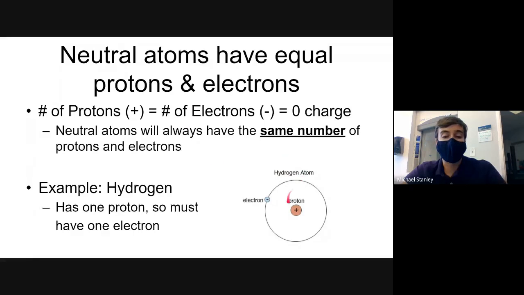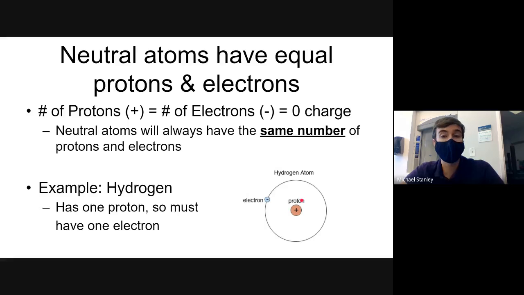Like hydrogen right here. Hydrogen is the simplest atom in the universe. It consists of one proton in the nucleus. And because hydrogen has one proton, it has to have one electron circling around. One and one, same number of protons and electrons.